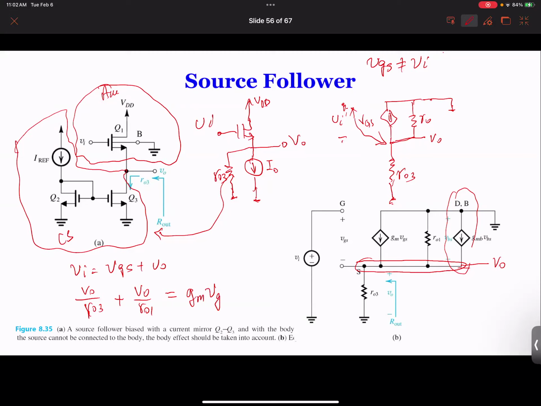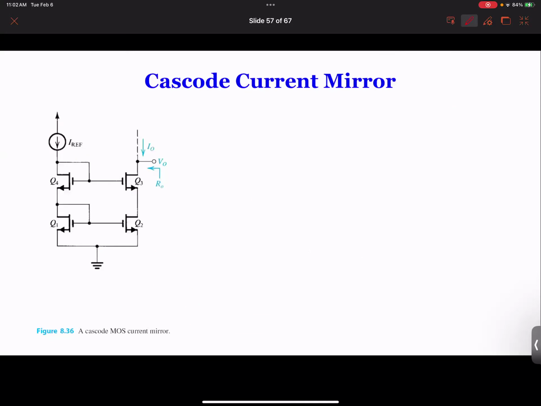You can really ignore this current over here. So no current here. By plugging VGS into here, we replace that with Vi. So from here we can get VO. I'm going to neglect all the steps to derive the actual gain. The actual gain is going to be, let me see how much gain is going to be.